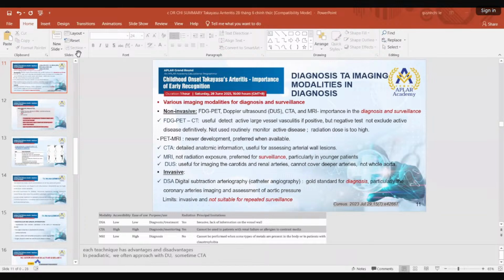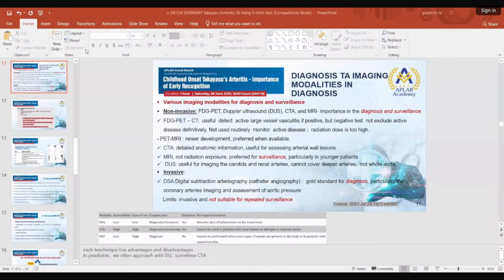So among the facilities that we can use to support Takayasu arteritis diagnosis and treatment, we can use either MRA or color Doppler ultrasound and CTA. But I think the important thing is how well that technique performs in your institute or hospital.